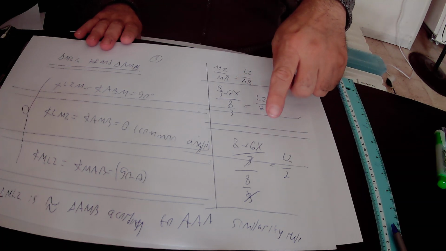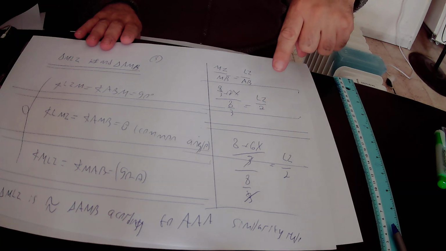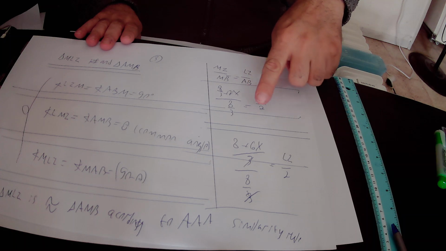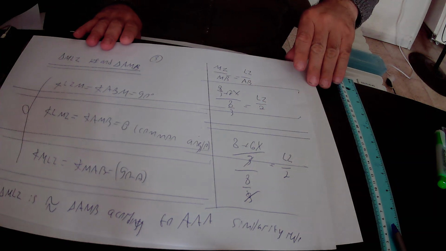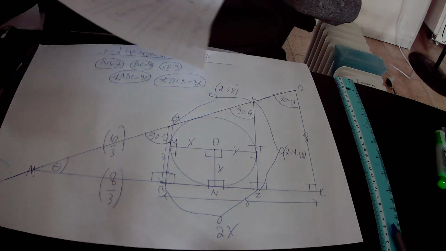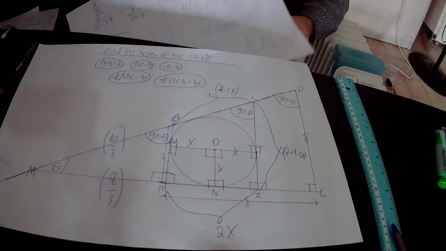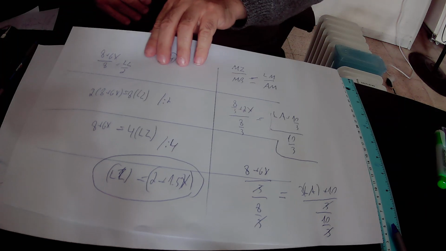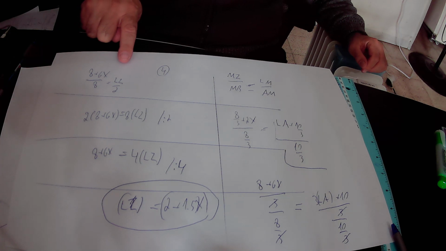We have 3 in the numerator and 3 in the denominator, so 3 will get cancelled. And we are left only with 8 plus 6x over 8, that is equal to LZ over 2.